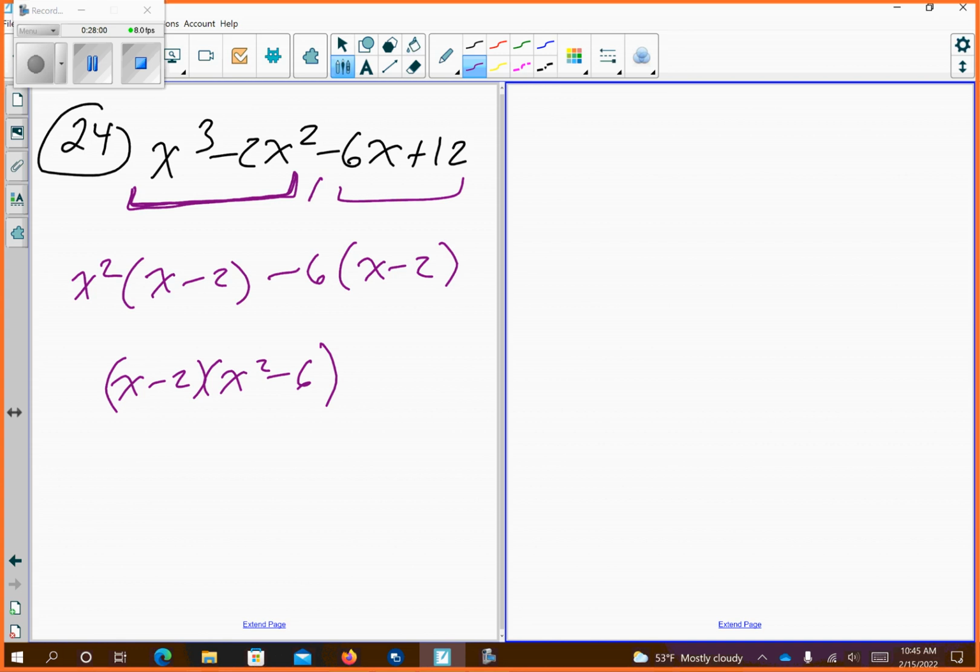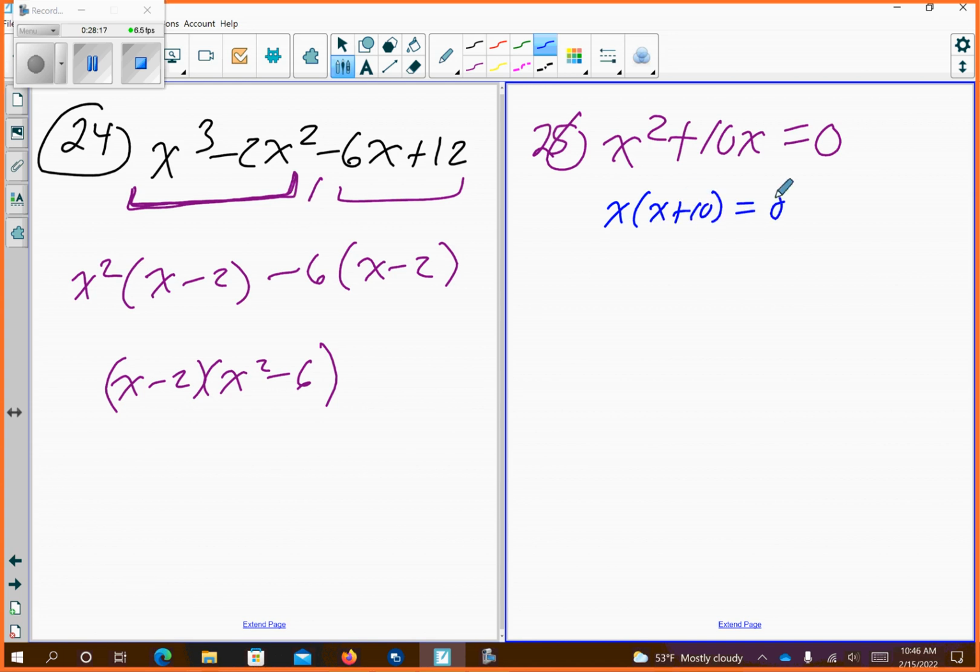So, number 25. We have x squared plus 10x equals 0. It's equal to 0. We're solving it. I have 2 values that both have x, so I can factor an x out of both and get this. Now what?